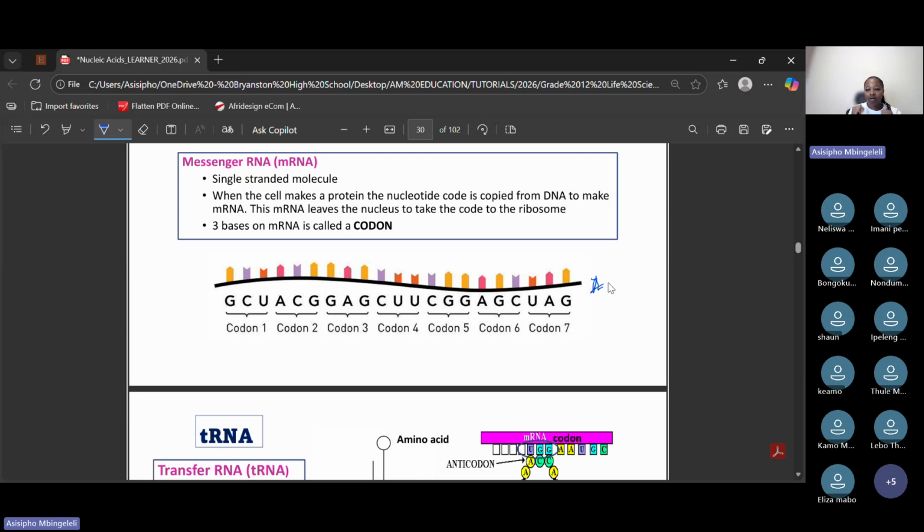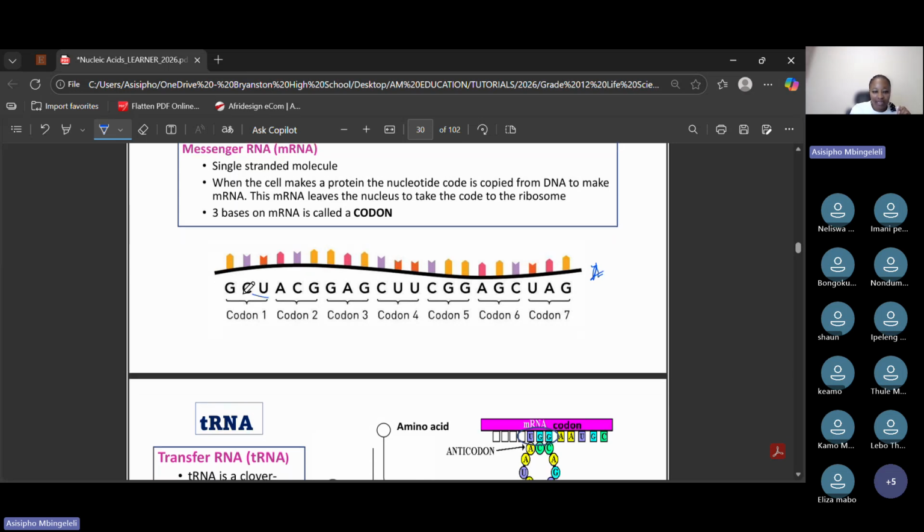How I would read them is GCU, then a little pause, ACG, a little pause, GAG, a little pause. Now, 3 bases in a messenger RNA strand are called a codon. This terminology is very important. So 3 bases, 1, 2, 3, is codon 1, because 3 bases are called a codon.